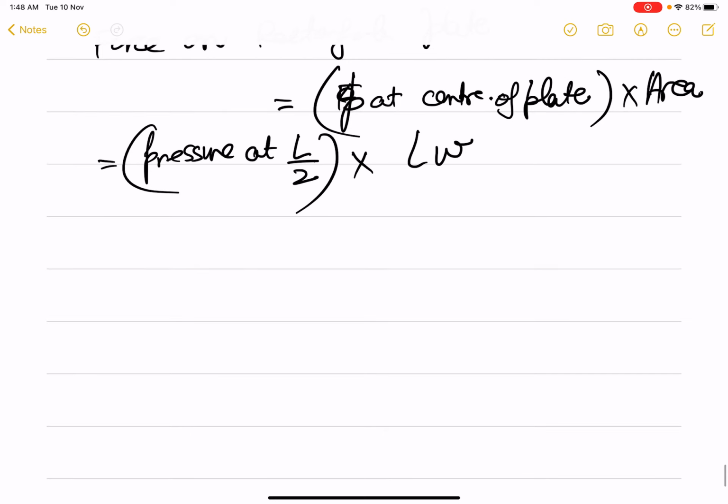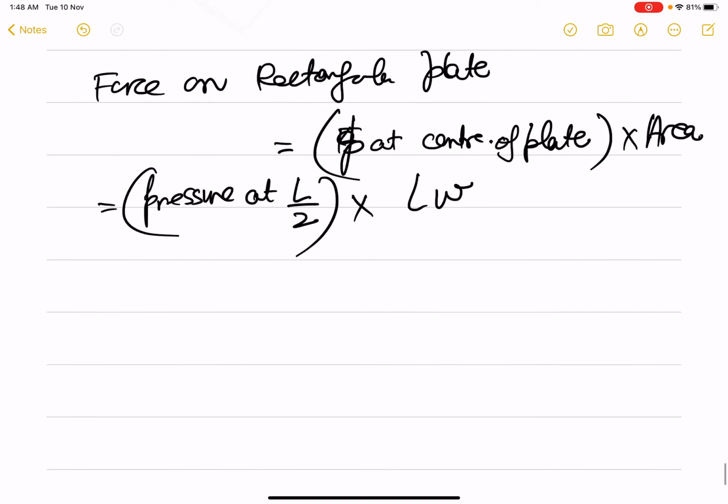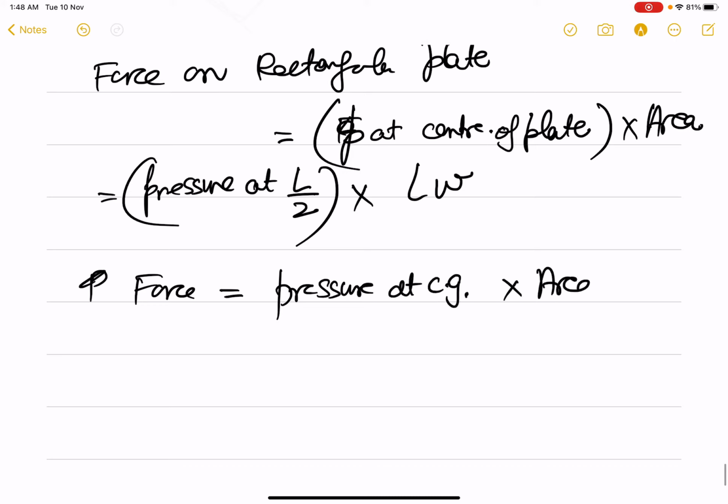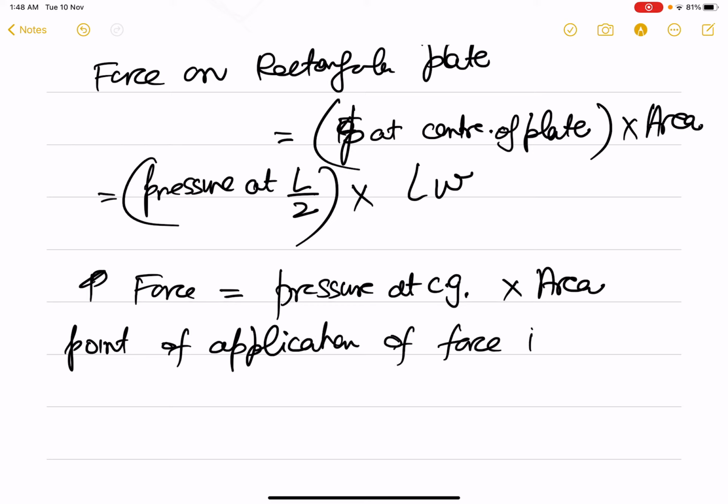Now, while the force is equal to pressure at center of gravity multiplied by area, the point of application of this force is not at the center of gravity.